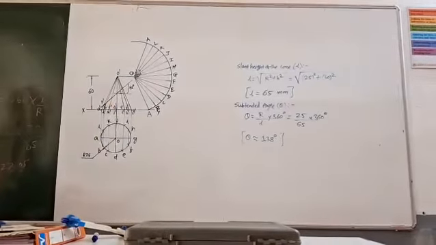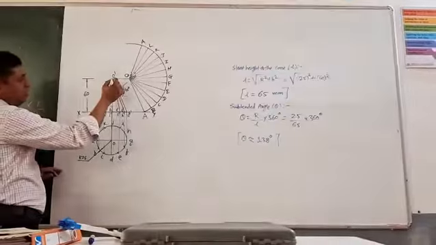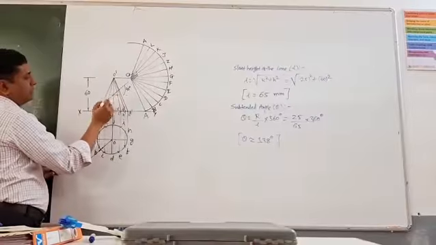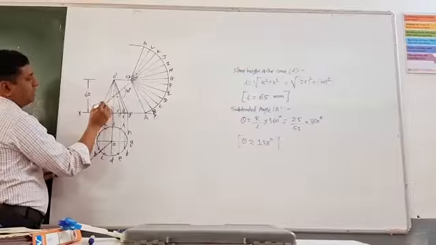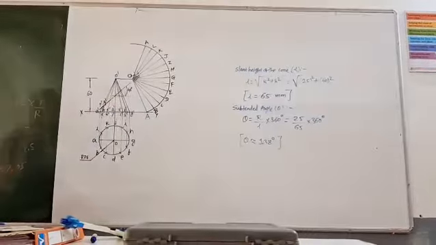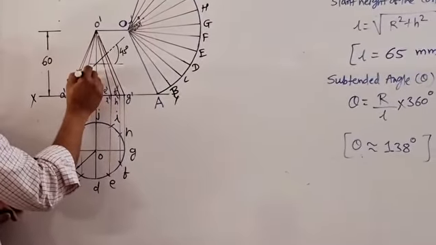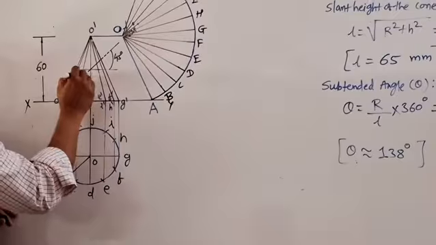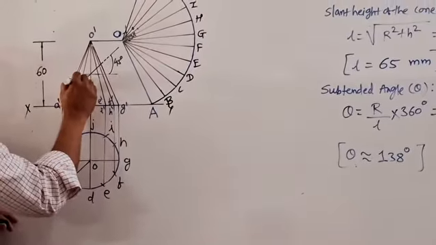Understood? Next, generator O dash B dash. This intersection point mark as Q dash. Understood? Next, generator O dash C dash, section plane is cutting here, and this point is R dash.